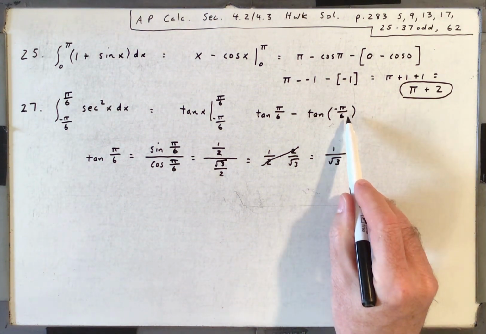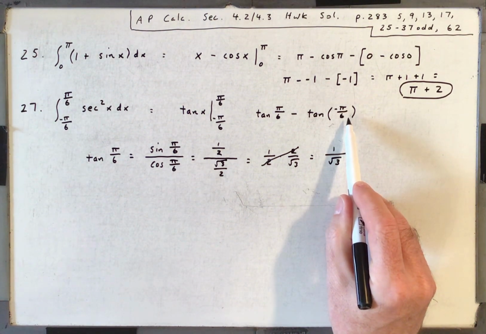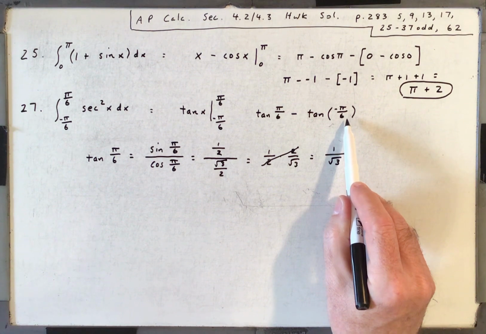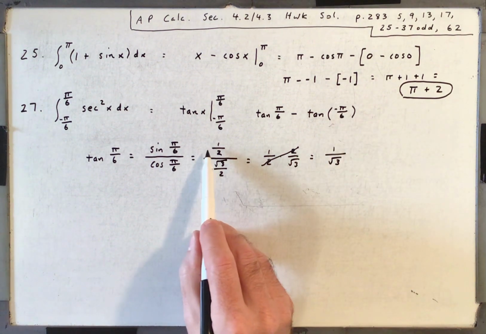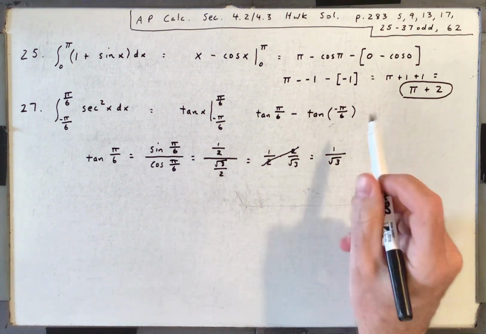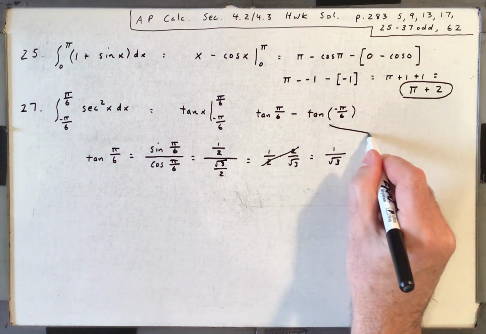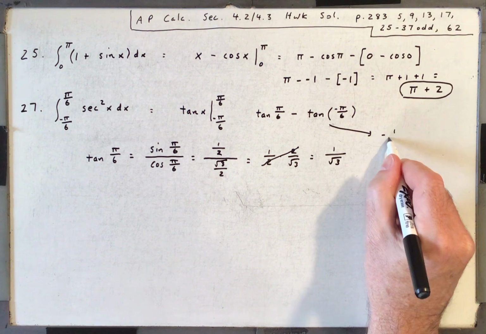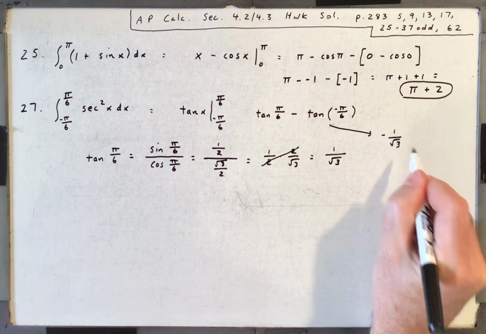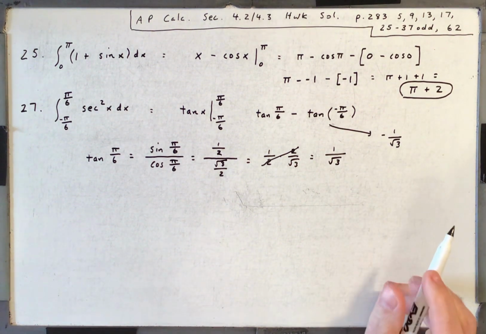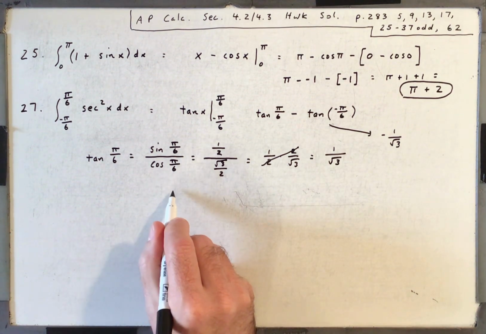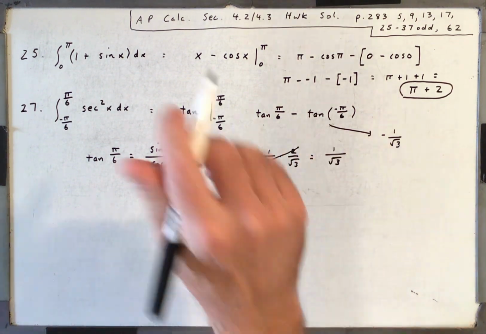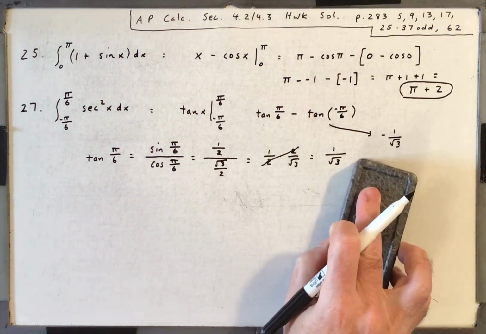Negative pi over 6 is in the 4th quadrant, so it would be the same as 11 pi over 6, and there your sign is negative. So negative tangent of negative pi over 6 would be -1 over root 3. Okay, so what we have here is 1, we're plugging in here, so I'm going to go ahead and erase all this scratch work here.